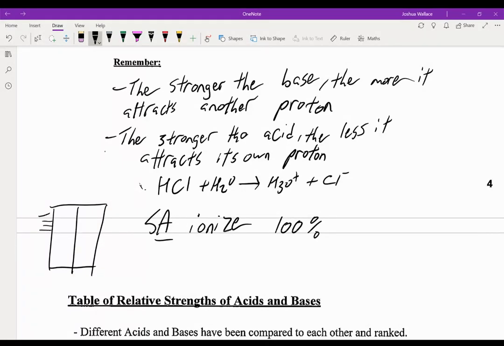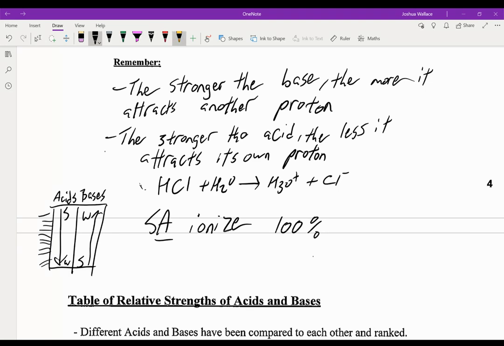You have your acids over here and your bases here. Your acids go from strong to weak, and your bases go from strong to weak. We're going to talk about why this is here throughout this section of the equilibrium acids bases unit.